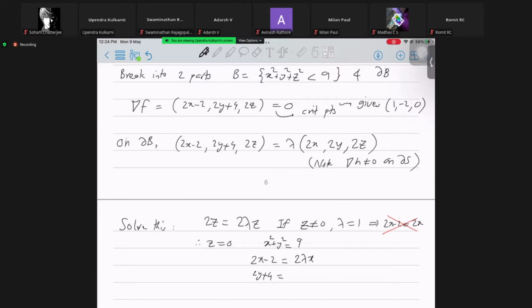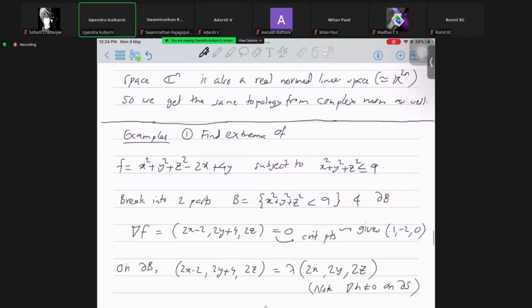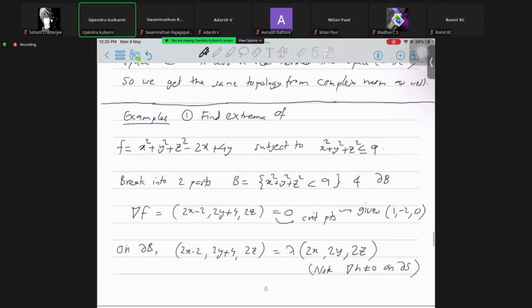So why are we assuming equality in the constraint? Because, notice, let me just schematically draw this.